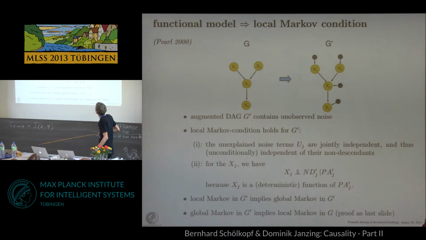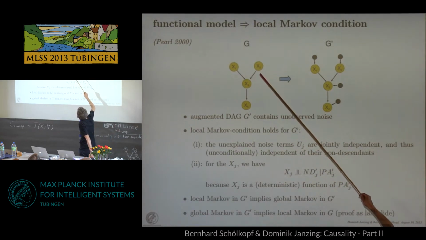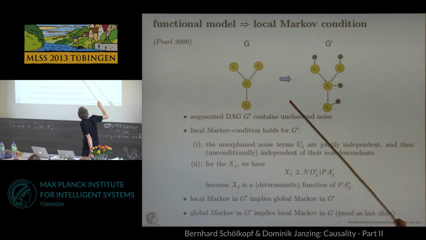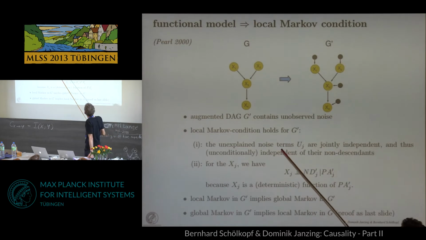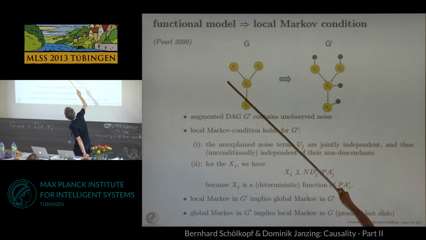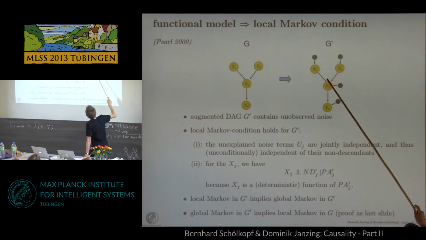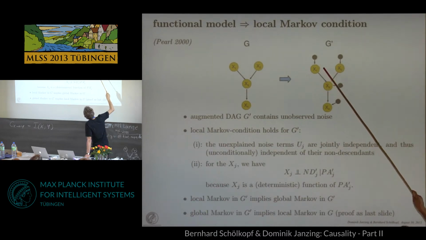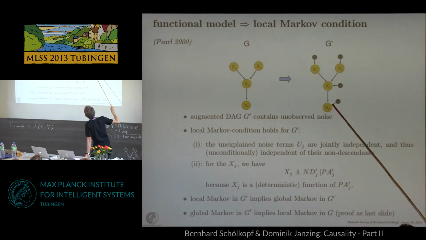Okay, functional model or structural equation model, it's the same, implies local Markov condition. This is also quite easy to understand. If you recall that this is the original DAG, and then you recall that the functional equation model, the structural equation model, adds a noise variable to every observed variable.